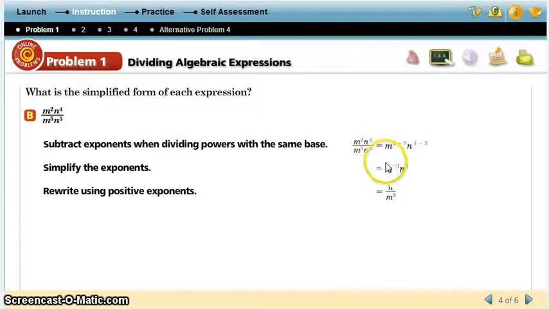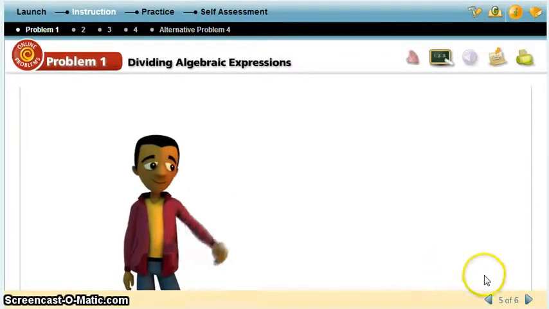Notice we were talking about moving boxes. Put a box around your m because that has to move. That means the n remains on the top and the m gets moved to the bottom so that it has a positive exponent. It's just a little more complicated because there are two variables instead of just one, but break it down into each individual section to make it a lot easier.